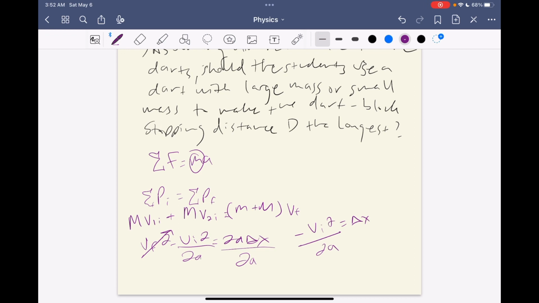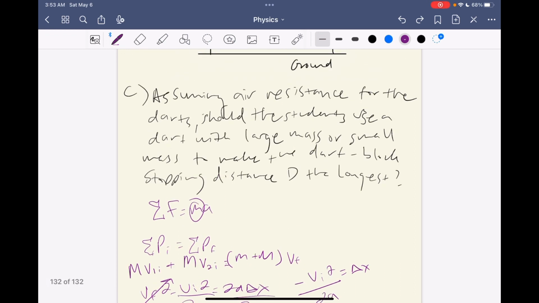So the larger acceleration would affect the initial velocity, and in turn affect that. That means the larger velocity would mean a larger stopping distance. So the students should use a small mass.